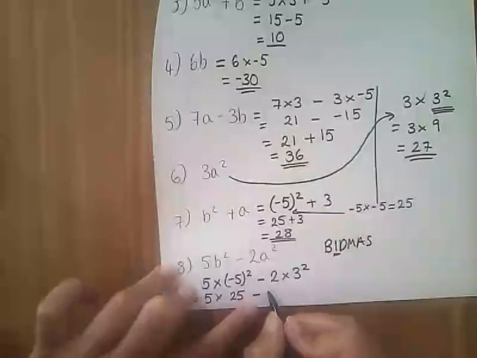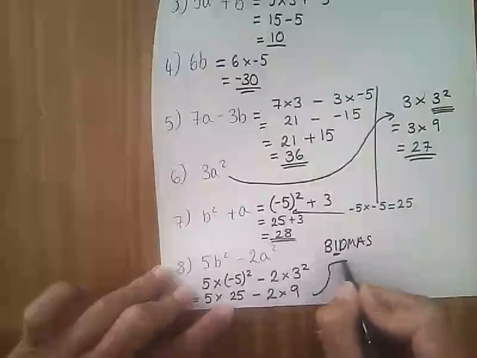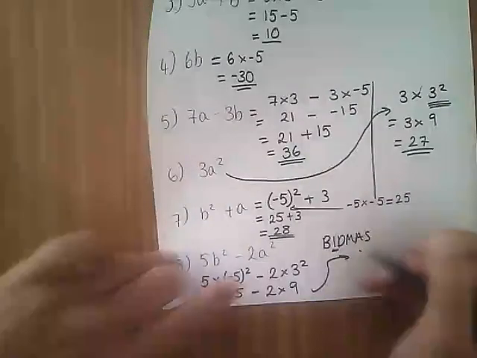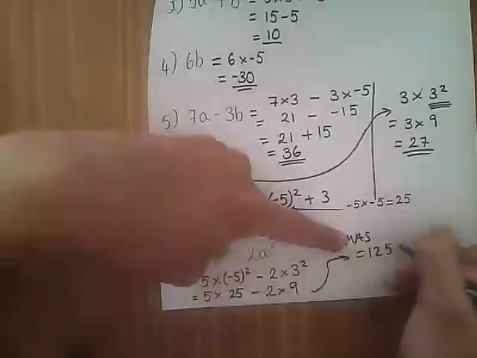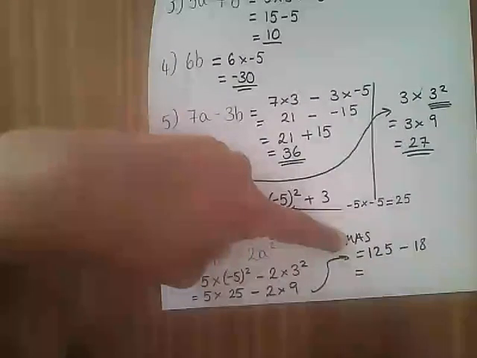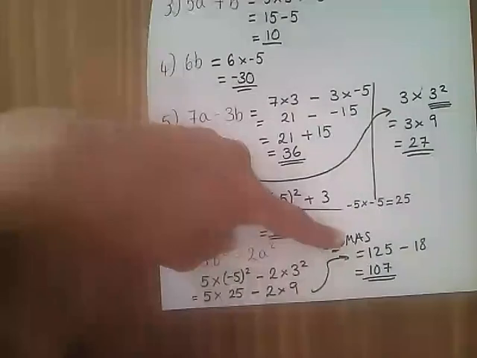Minus 2 times 3 squared is 9. Okay, go down your page, don't go across like I am. 5 times 25 is 125. 2 times 9 is 18. 125 take away 18 makes 107. That is substitution.